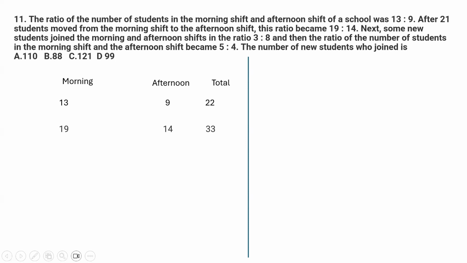So we have to multiply the first row by 3 so that it will be 66, and the second row by 2 so that the totals will be 66, and then we can compare ratio wise, and whatever is the difference ratio wise we can connect that difference with 21, which is the actual value.